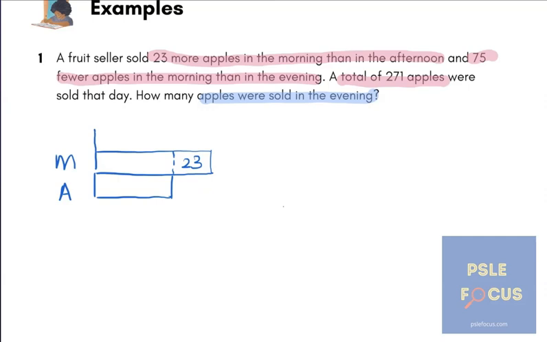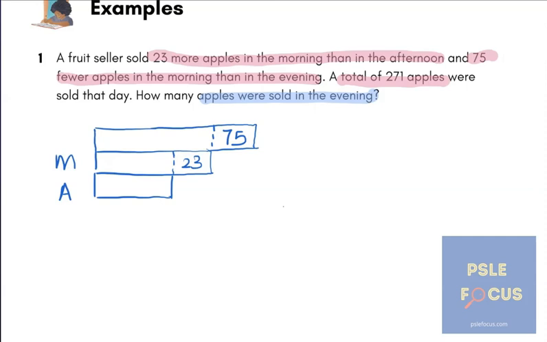So since morning is fewer, which means evening bar will be longer. So I'm going to draw like this. And in this case, it's 75 more apples in the evening, correct?